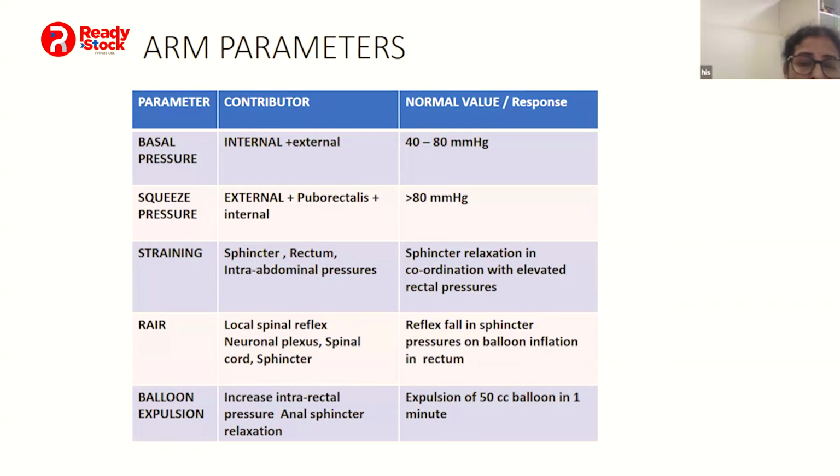We know that to maintain continence, there is an angulation of the rectoanal angle. Otherwise, if it is always open and straight, there might be inadvertent leakage of stool. So this angulation helps to maintain continence, or a presence of stool in the rectum without leakage. So when a person feels the desire to defecate, what happens?